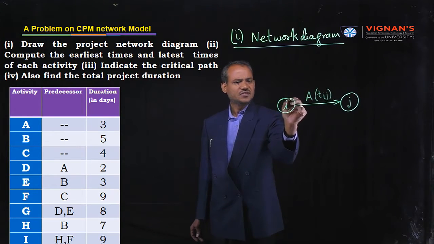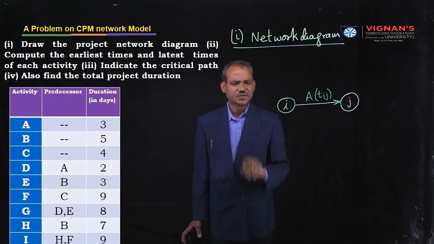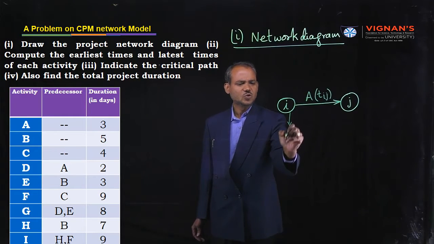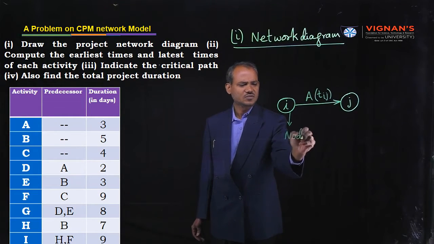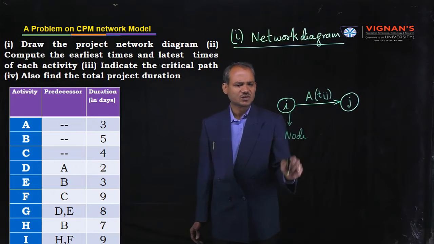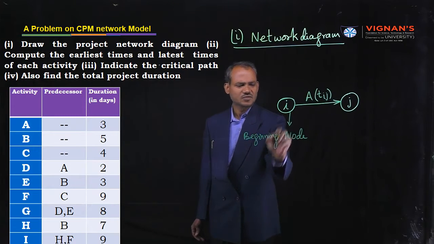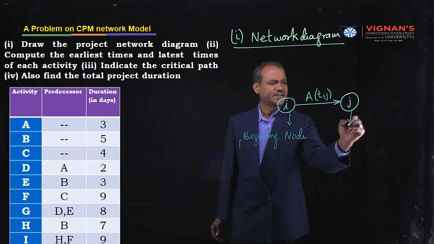This is known as node. In CPM diagram, we call this circle a node. Starting node or beginning node. This is known as ending node.